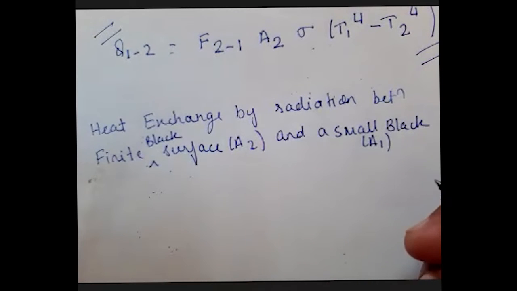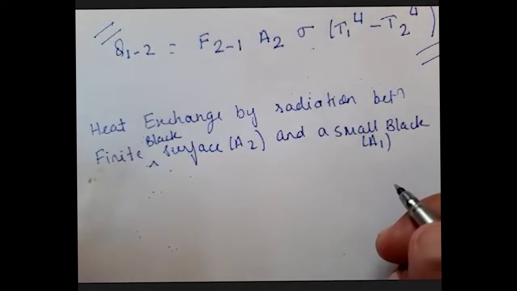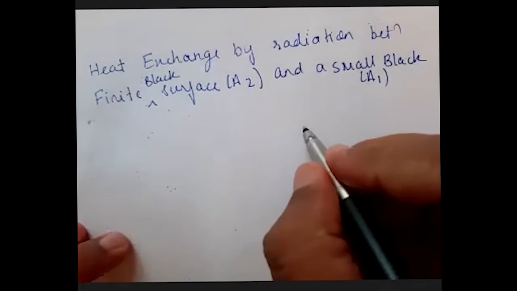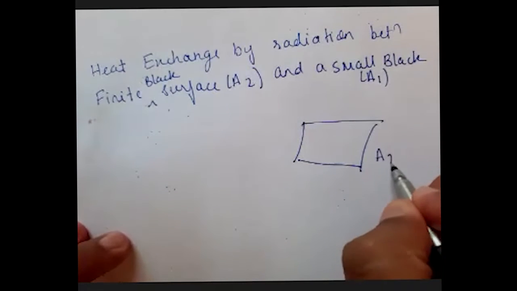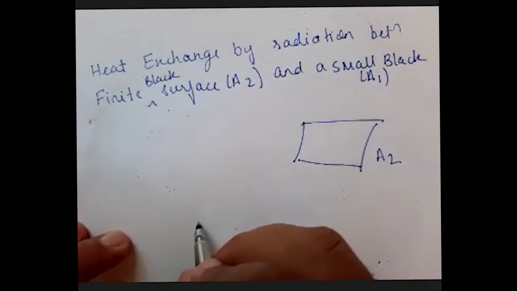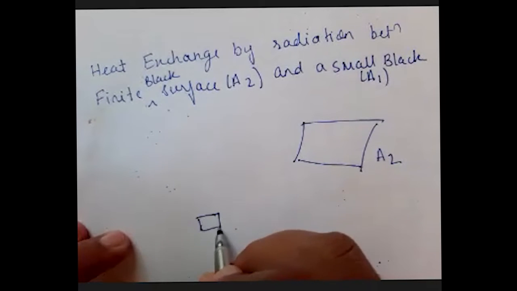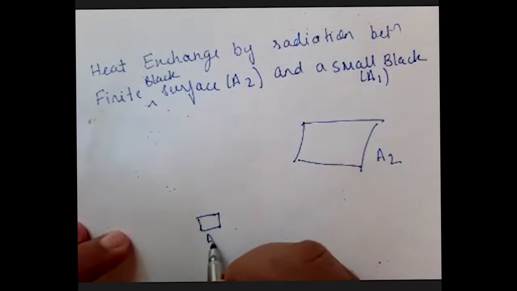In that case, I have a finite surface which we are going to consider as A2, and instead of a larger surface I have only a small black surface which I am going to take as A1.